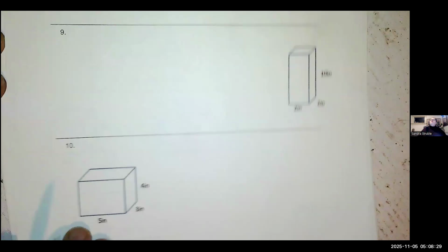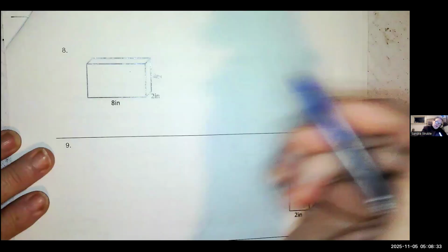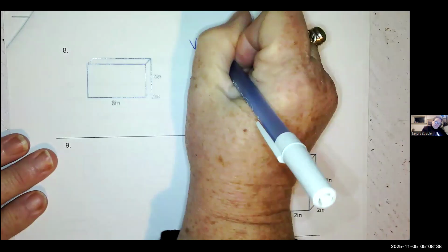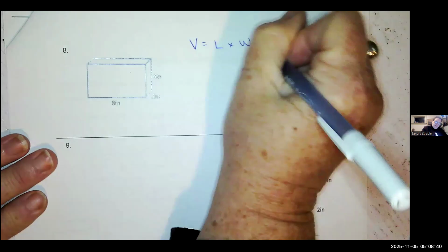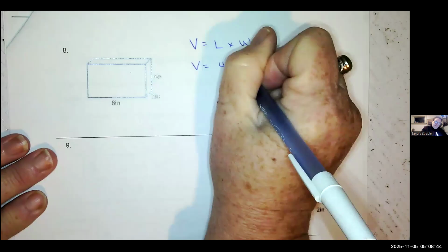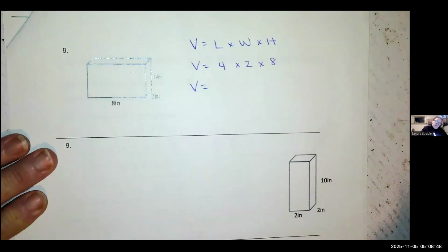Right? Rectangular solid, length times width times height. Pause the video. Do this one yourself. 4 times 2 times 8. 8 times 8 is 64 inches cubed.